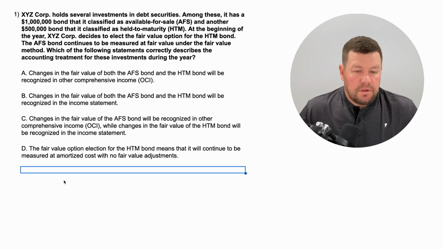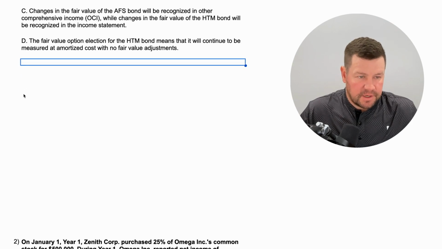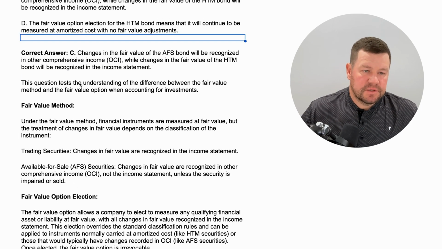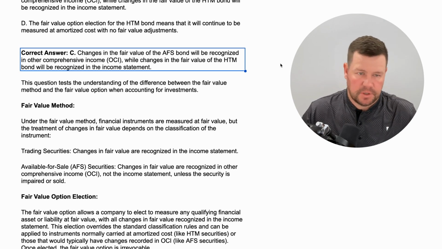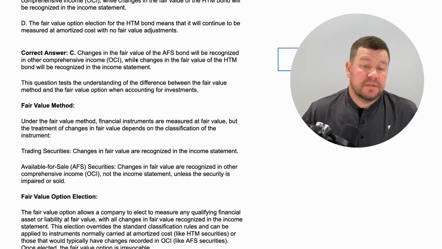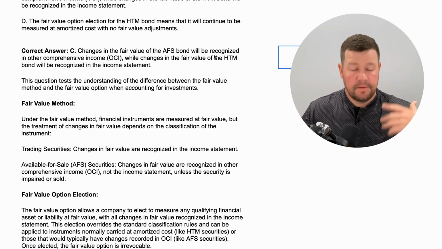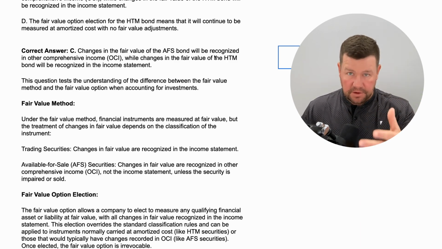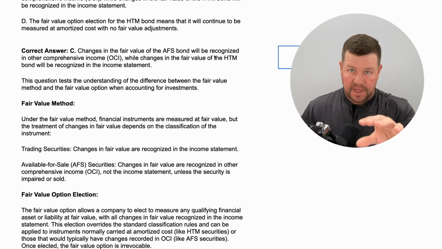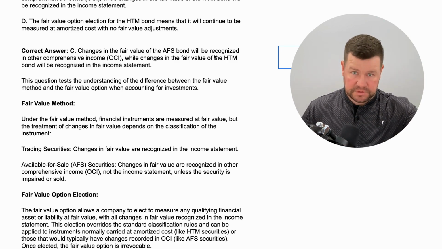Okay, so we will reveal the answer here. The correct answer is C, all right? Changes in the fair value of the AFS bond. Now, you remember AFS securities, their changes in fair value go to OCI.